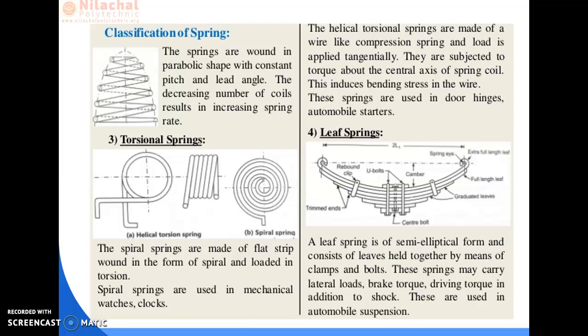Now let's come to the volute spring. As shown in the diagram, the spring consists of a number of turns. These turns produce a parabolic curve, and this parabolic shape of the spring structure is known as the volute spring.